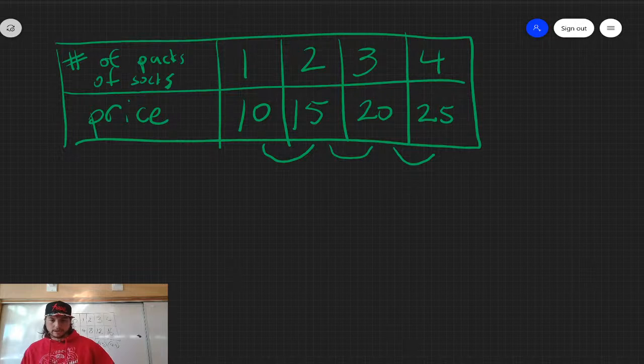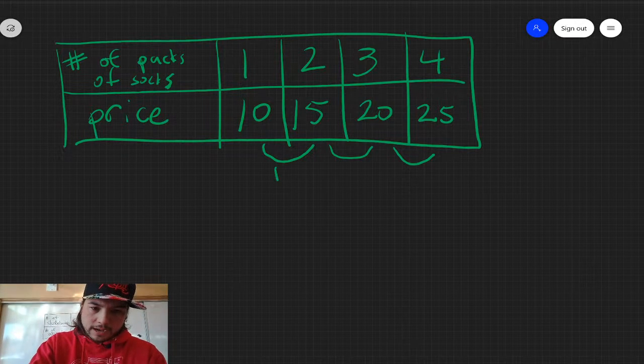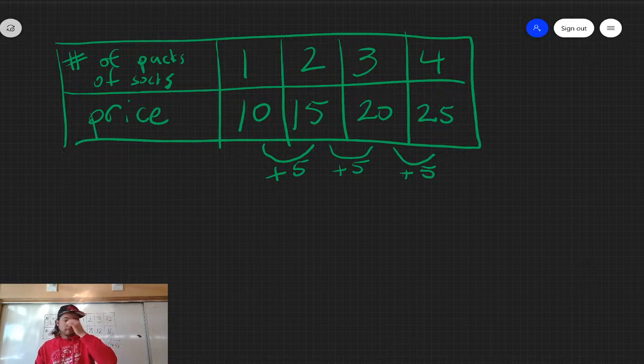Okay, we're starting to get it here. Yeah, I'm seeing +5, +5, plus 5. So we know our interval is going to be 5. But I think what's stumping some people is take a look at that first pack of socks. How much does it cost? Does it cost $5?